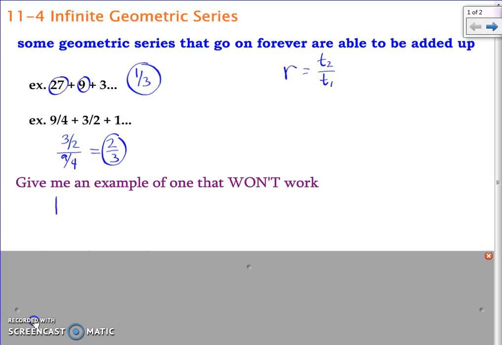A geometric sequence. So 1, 3, 9. What's the common ratio here? It's times 3. We can also find that by taking 3 divided by 1 or 9 divided by 3. Okay, so what's the defining difference between the common ratio of the ones we can add up and the ones we can't add up?